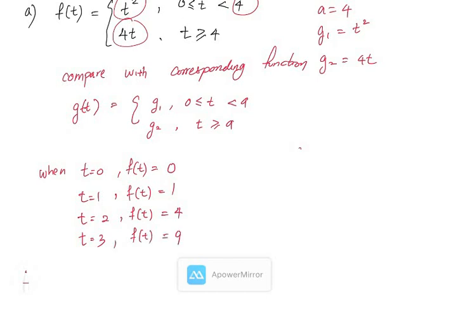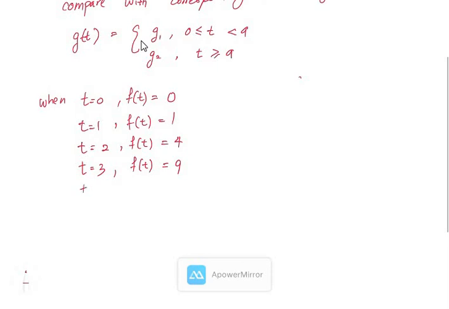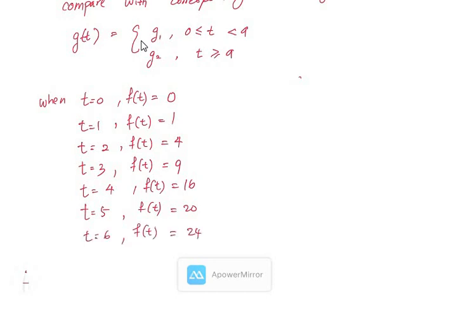Then this is for 0 to 3. And for t more than or equal to 4, we use 4t. So when t is 4, f(t) is 4 times 4, you get 16. When t equal to 5, f(t) is 20. And t equal to 6, f(t) is 24. So we can use this to plot the graph.